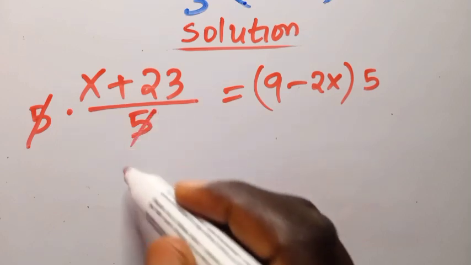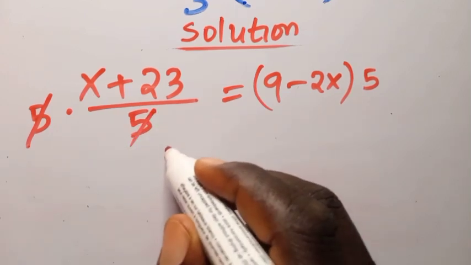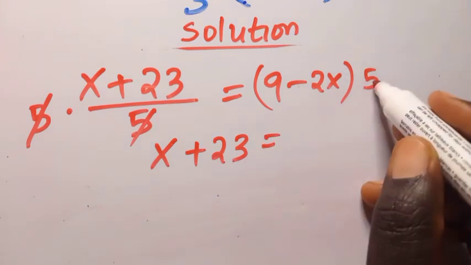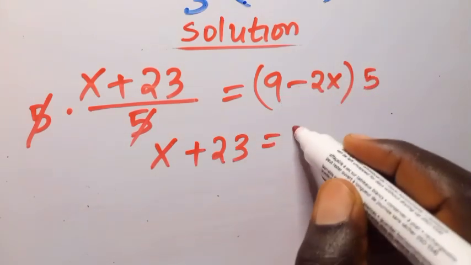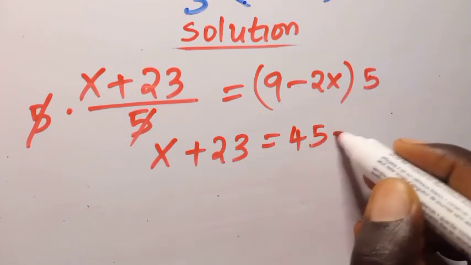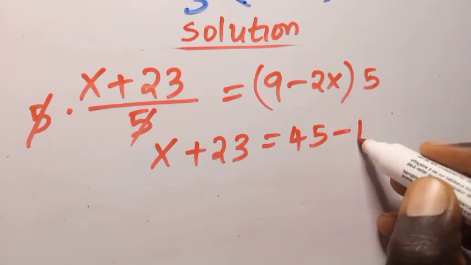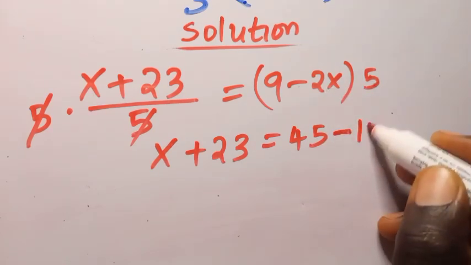Therefore, this 5 simplifies, and we shall have x plus 23 equals 5 times 9 is 45, minus 5 times 2x, that is negative 10x.